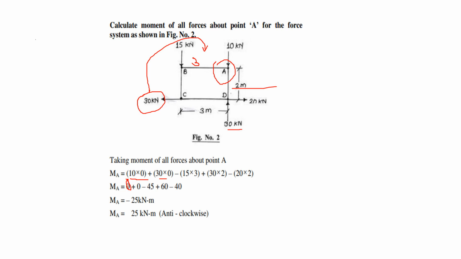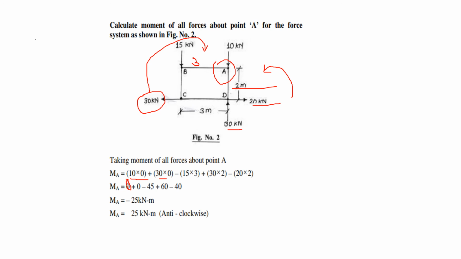minus 20 into 2. As this 20 goes up to point A in anti-clockwise direction, there is a minus sign. This 20 is a horizontal force and its vertical distance is 2, so minus 20 into 2.